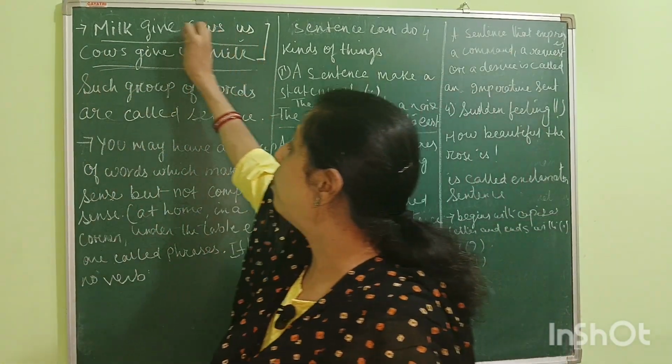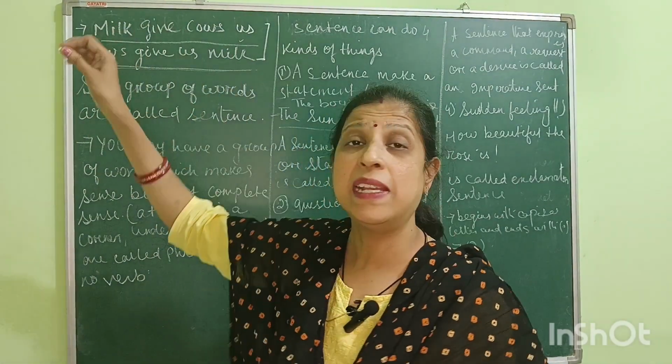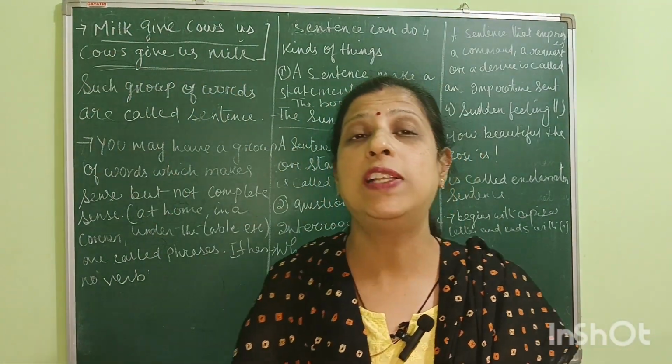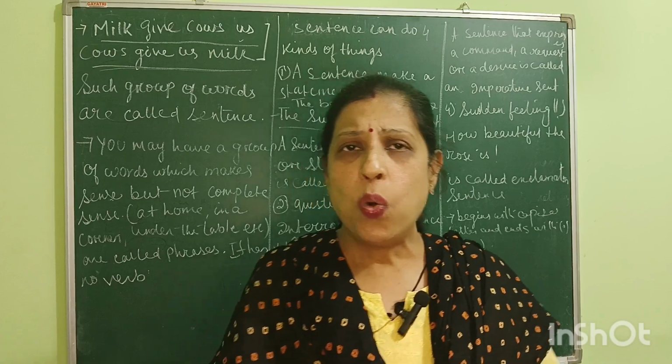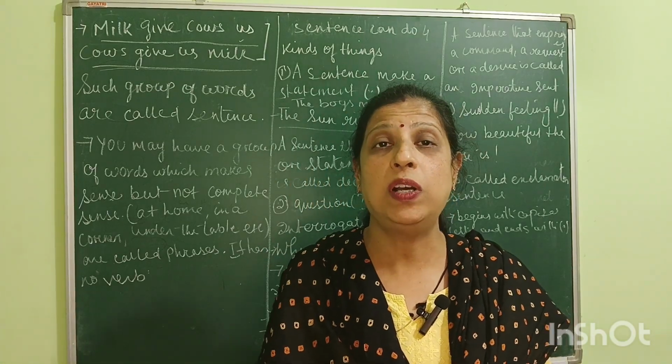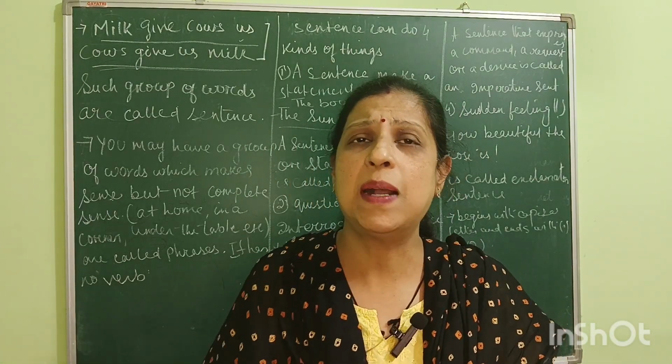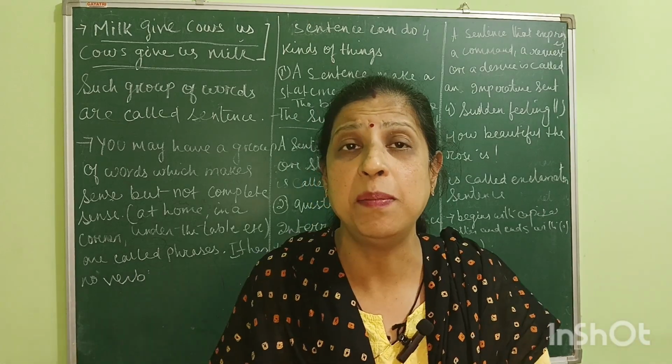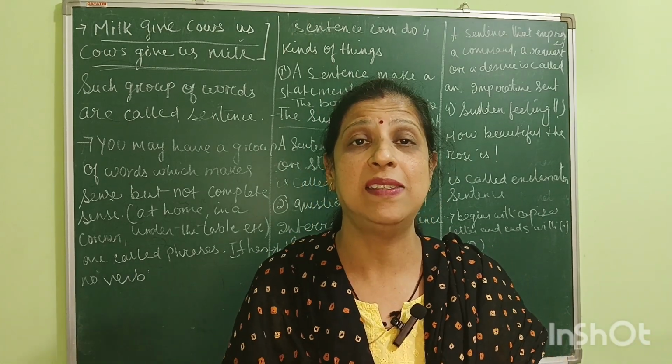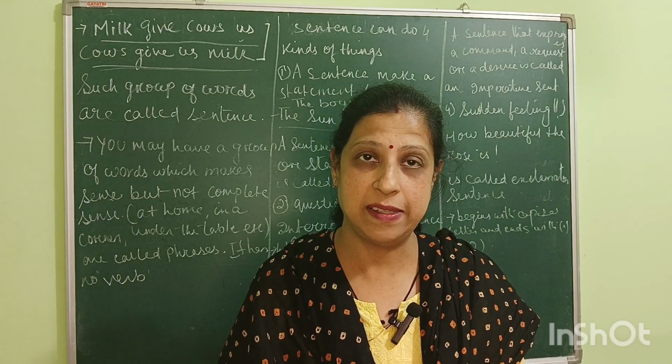So such a group of words that makes some sense is called a sentence. What is a sentence? A group of words which makes a complete sense. When we combine them and it makes a complete sense, that is called a sentence.